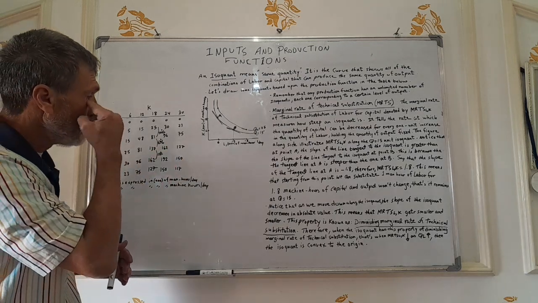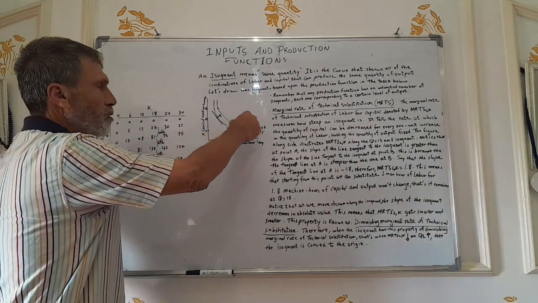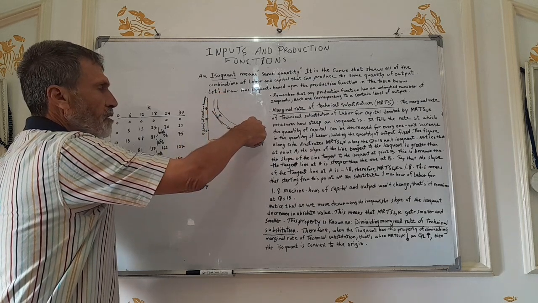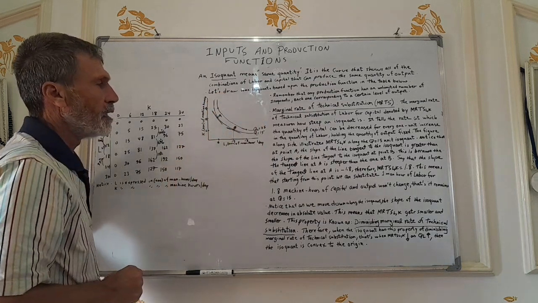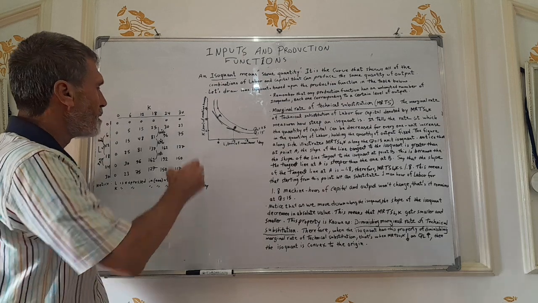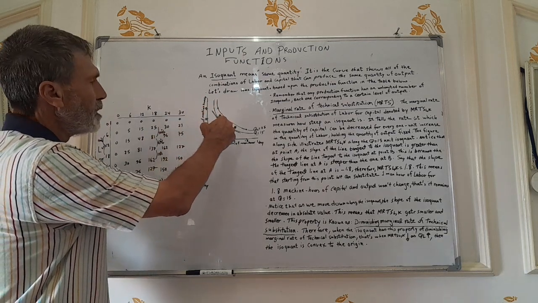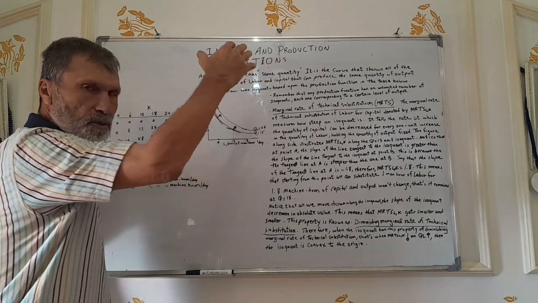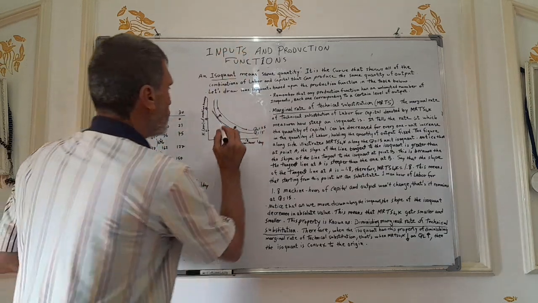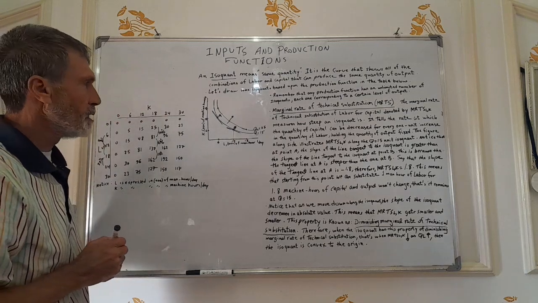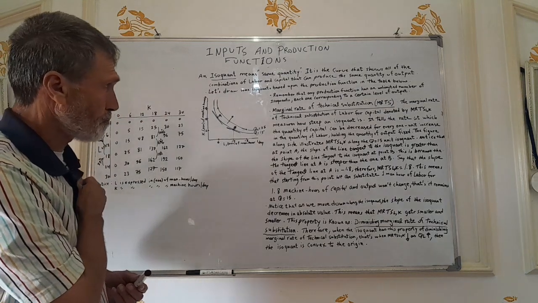Okay, and when you draw, the isoquant of 30 is going to be above the isoquant of 25, and the isoquant of, let's say, 75 is going to be above the isoquant of 30, and so on. So here, the isoquants increase.